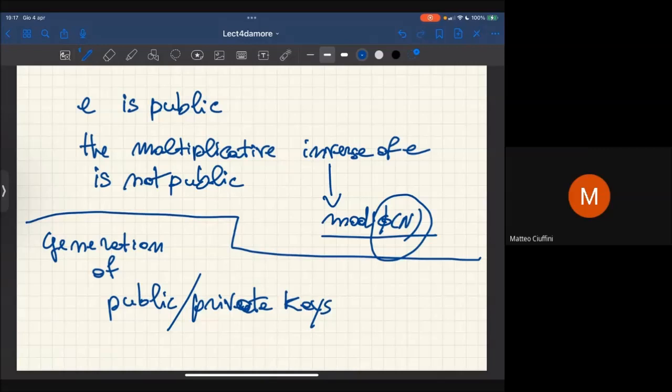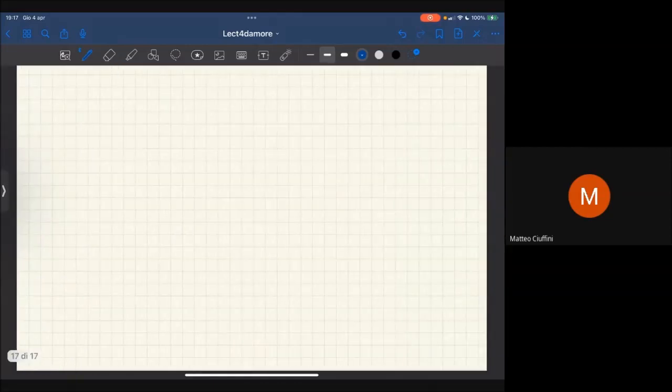So I hope it is clear enough. And this is the rule how we can generate the keys. Now, how to do the encryption? We have seen how to generate the key.